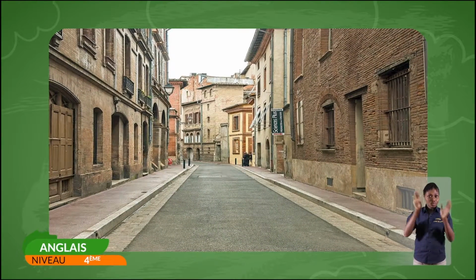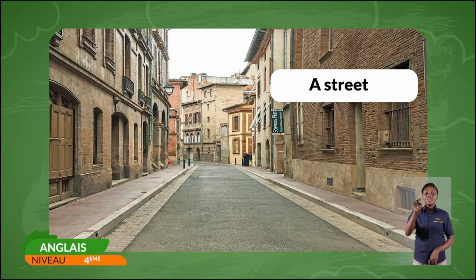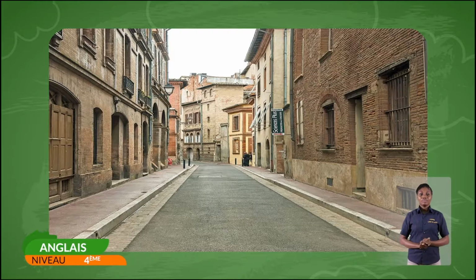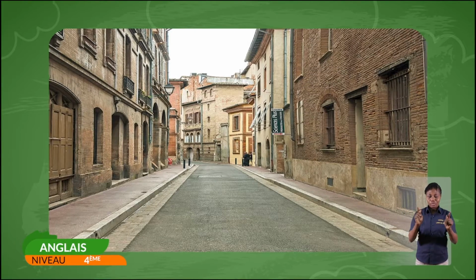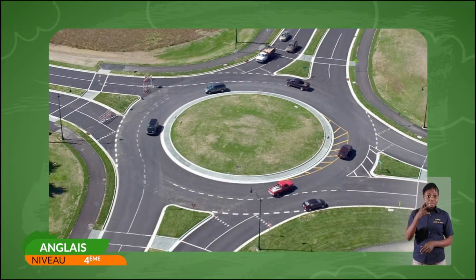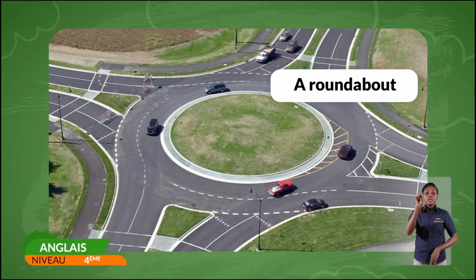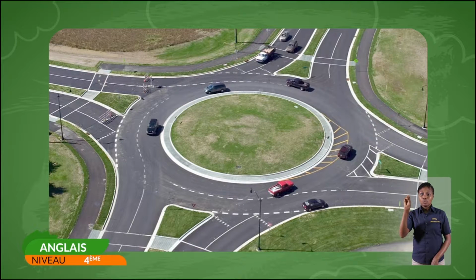Now, in the next picture, is it a highway? No, here the road is smaller. Okay, this is a street. A street. Perfect. Now, in this picture you can see many highways coming and joining somewhere which is circular, and this is a roundabout. A roundabout.